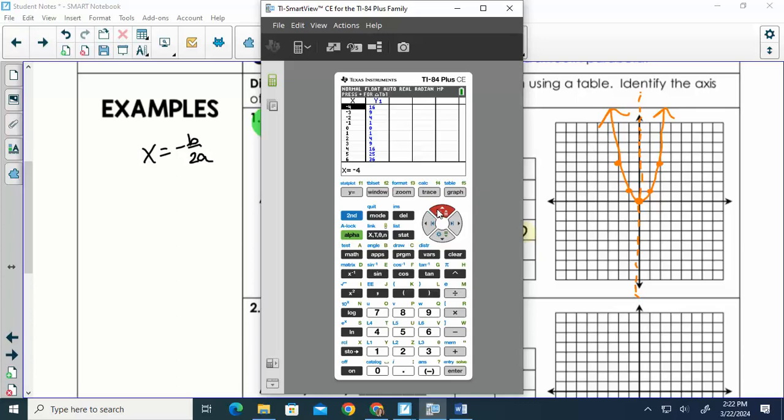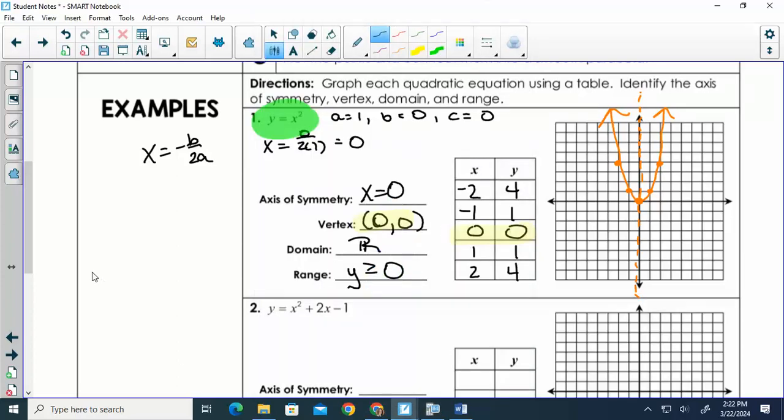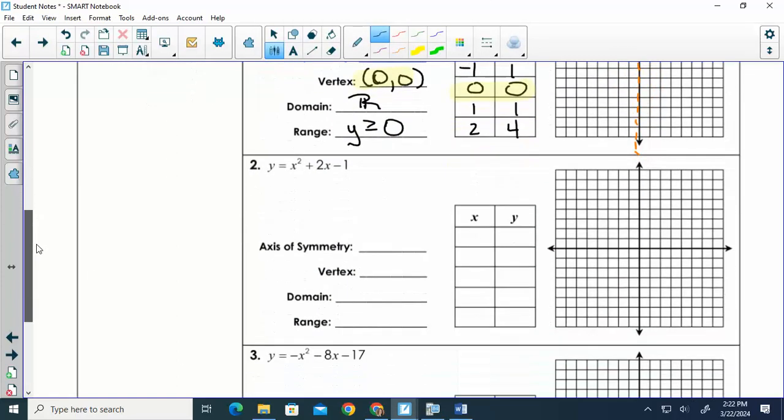All right. You have to at least write them down. So if you use this, that's fine, but write down the points on my XY chart so I know what points you were looking at. All right, let's look at the next one.